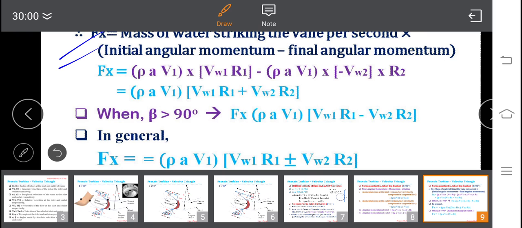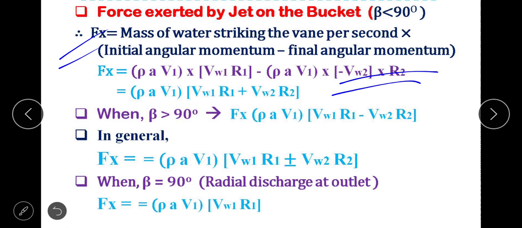If you simplify this equation, rho a v1 whole multiplied by vw1 r1 plus vw2 r2. Since beta is less than 90 degrees, you will get a plus sign inside the bracket, minus of minus into minus, plus. When beta is greater than 90, Fx is rho a v1 whole multiplied by vw1 r1 minus vw2 r2.